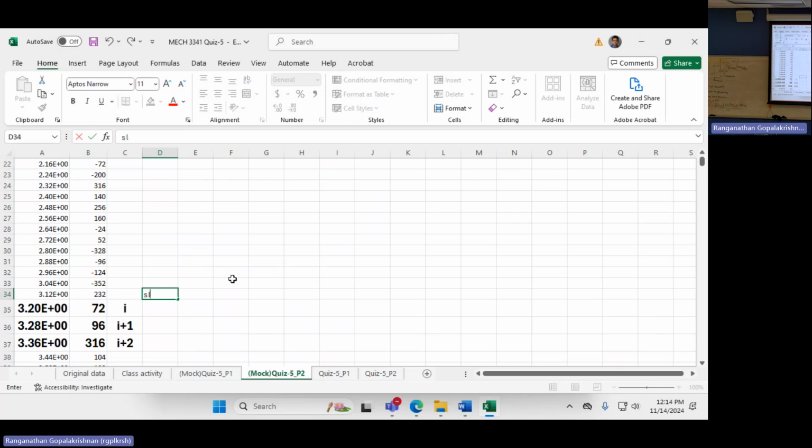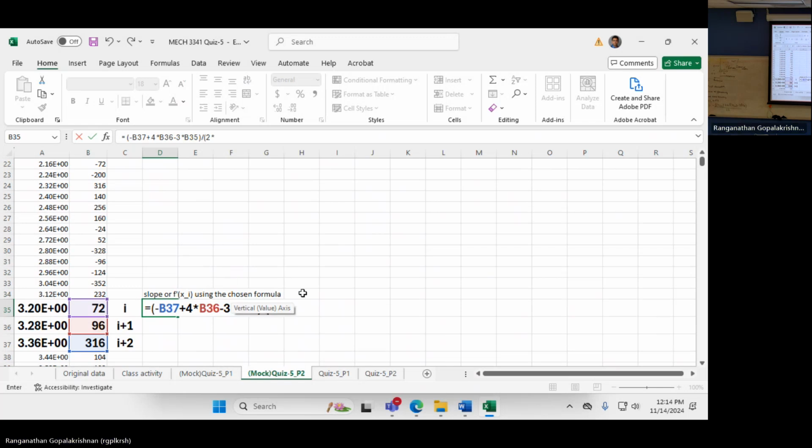So if I want the slope, or f dash of xi, using the chosen formula, I would write this is equal to minus the i plus 2 value, plus 4 times the i plus 1 value, minus 3 times the i value, divided by 2 times the separation between them, which I haven't computed beforehand.